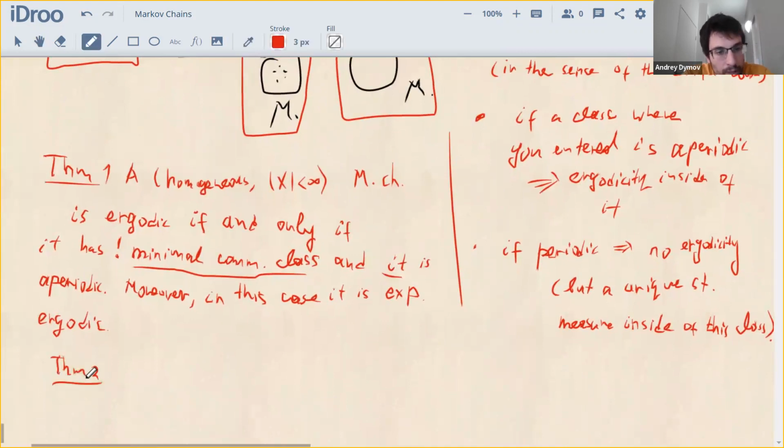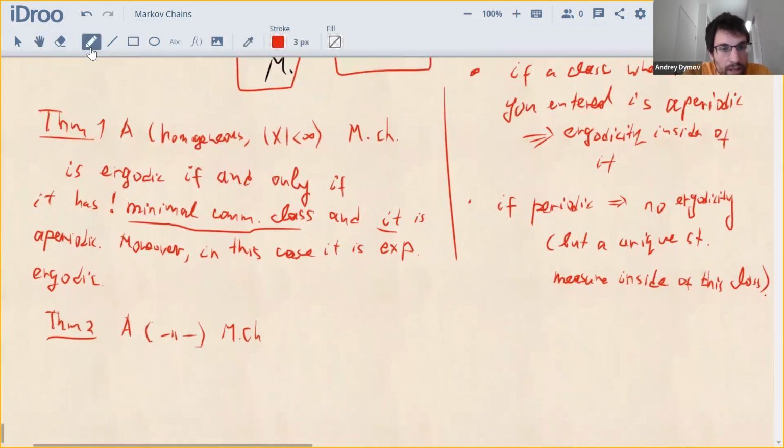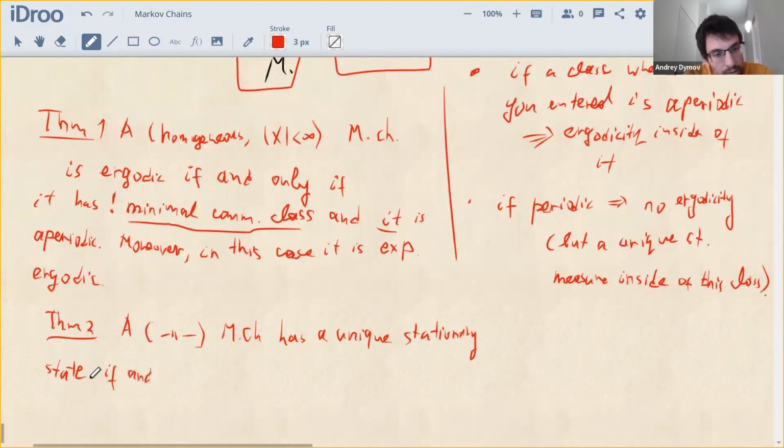Theorem 2. A homogeneous Markov chain, where the number of states is finite, has a unique stationary state if and only if, what?